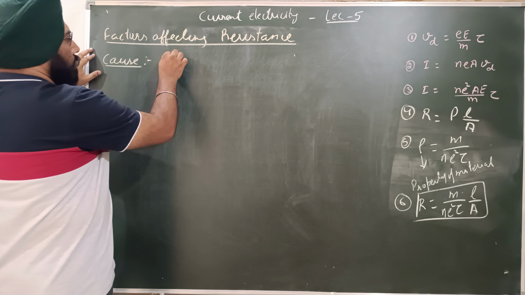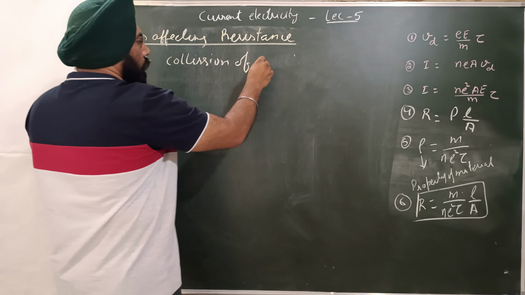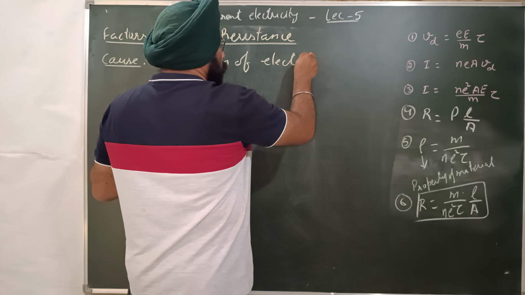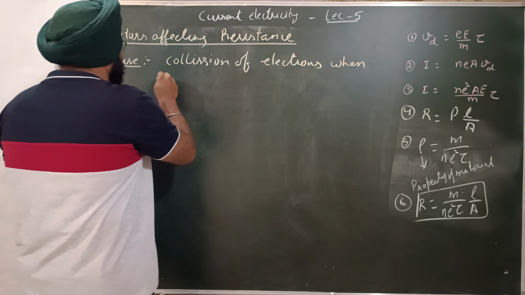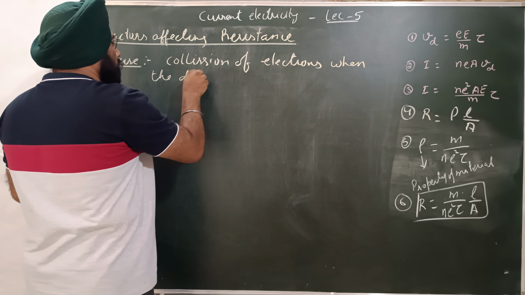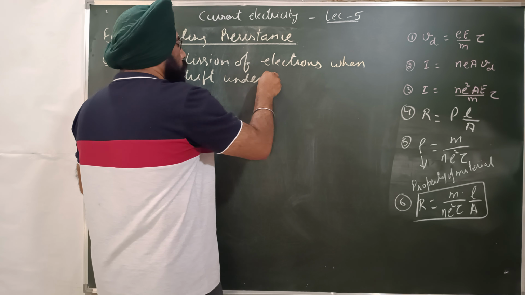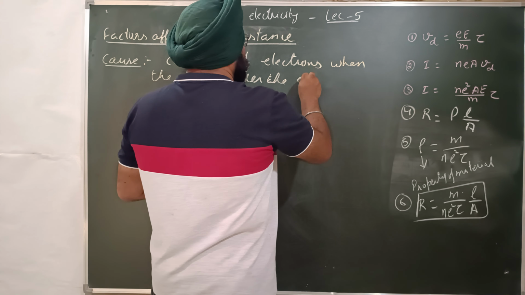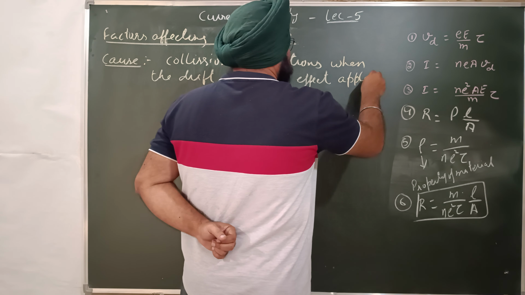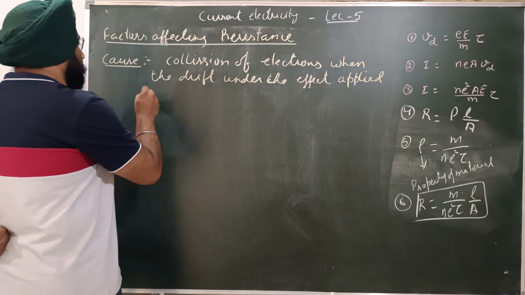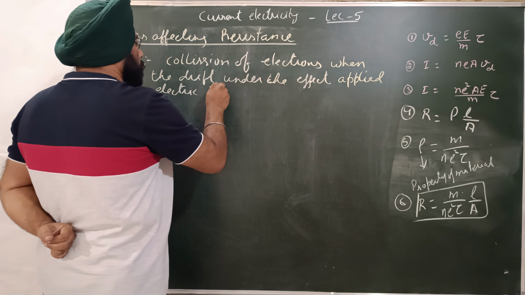So what is the cause of resistance? The collision of electrons when they drift under the effect of the applied electric field.